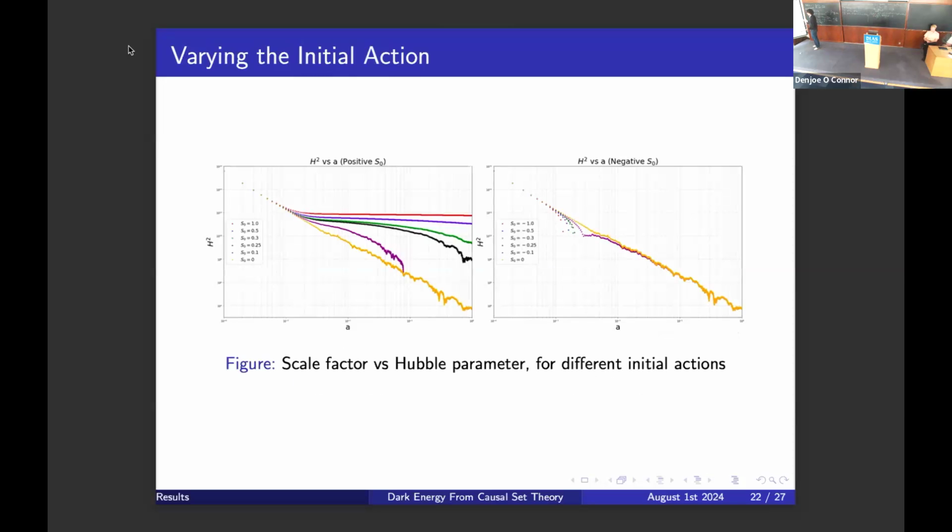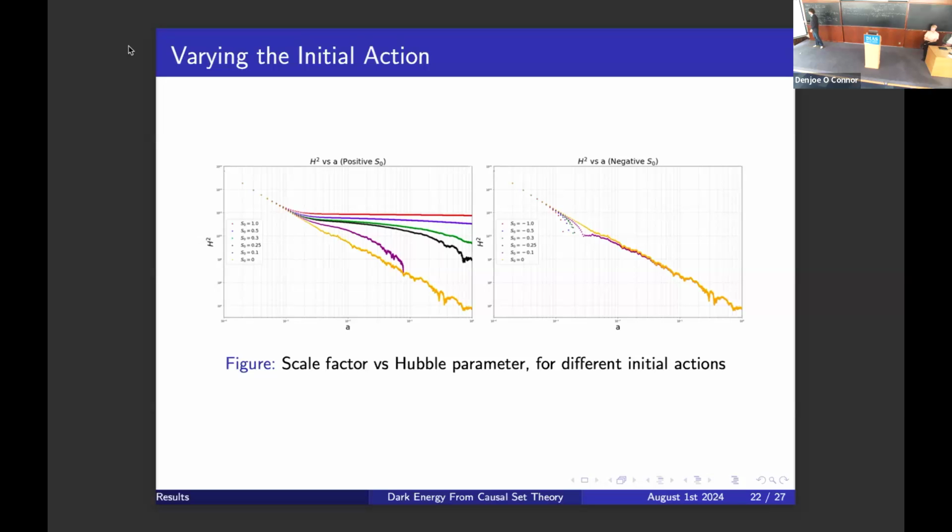Still varying the initial action, but by a good bit more than just slightly. And you can see here that these are the larger values, these are all positive S initial actions. And you can see that they stay too high because you're giving it too much of a positive bias.